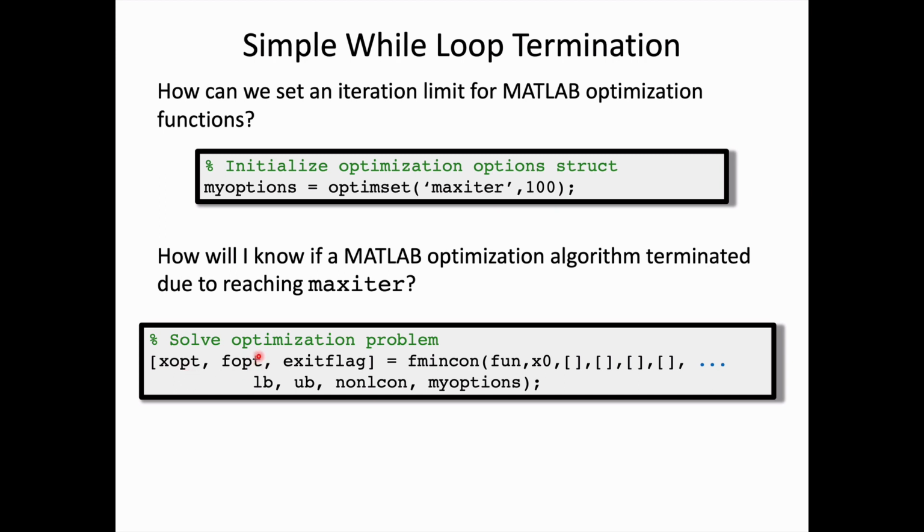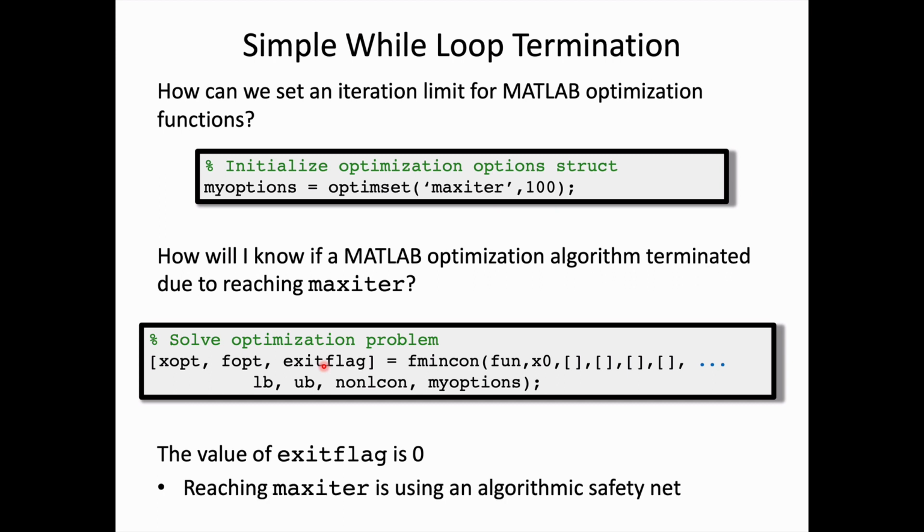We're going to find out what the objective function value is at the optimal point. And then we get one more piece of information called the exit flag. This is an integer, and it gives us some information about how fmincon terminated. If we terminated because we exceeded the maximum number of iterations, then the exit flag is 0. It's important to keep in mind that this way of terminating a while loop is really just an algorithmic safety net.